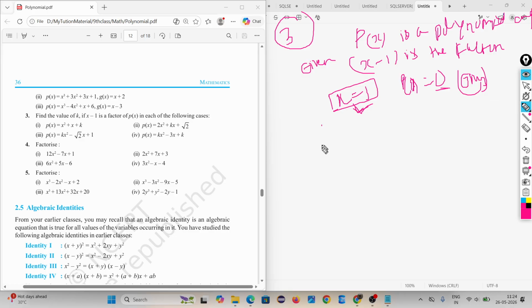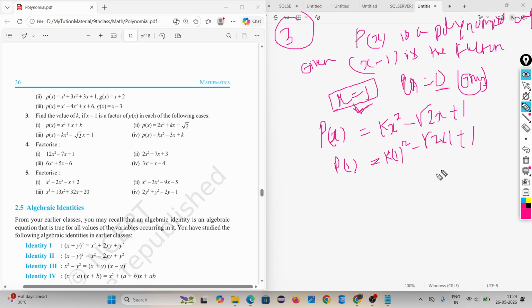Then come to third. P of x equal to kx square minus root 2x plus 1. Okay. p of 1, k into 1 square minus root 2 into 1 plus 1.